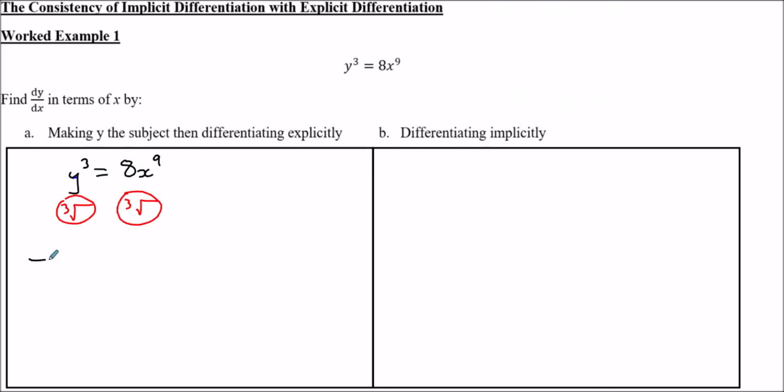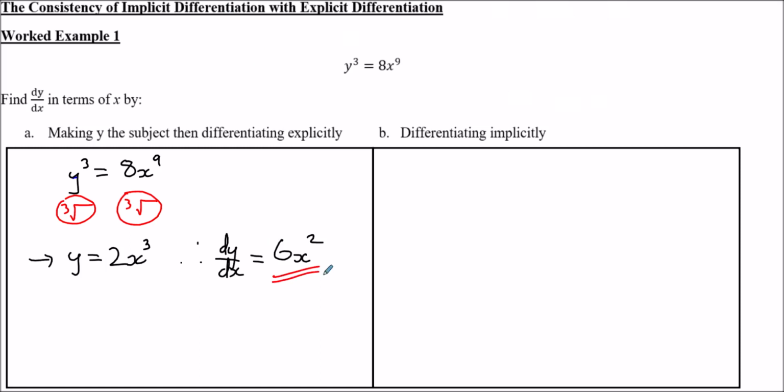So we get that y equals, the cube root of 8 is obviously 2. If I cube root x to the 9, that gives me x cubed. So therefore, then differentiate that, we get dy by dx. The 3 comes to the front, times by the 2, so 2 times 3 is 6, x, then 1 less than 3 goes to 2, so dy by dx of this one is 6x squared.